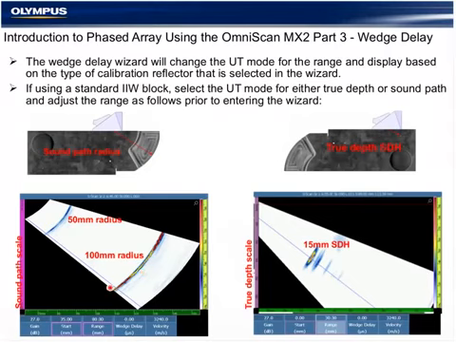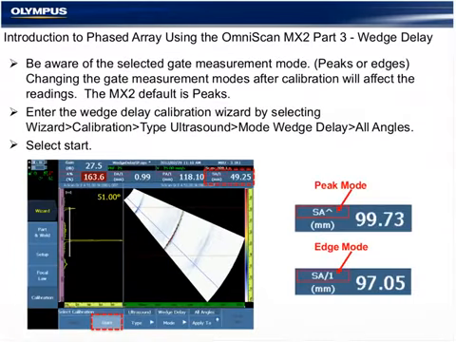And again, it's very important to note, make sure that you know whether you're in peak mode or edge mode, because how you calibrate is how you need to perform the application, because the readings will be relevant to the mode you were in when you calibrated. We are normally in peak mode for amplitude-based weld inspections, and in edge mode for corrosion mapping and thickness readings where amplitude is not significant. So under the wizard calibration wedge delay, we'll apply this to all the angles at the same time and select start.